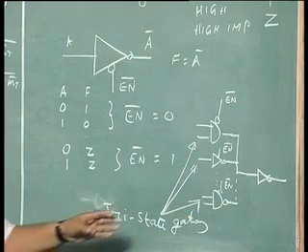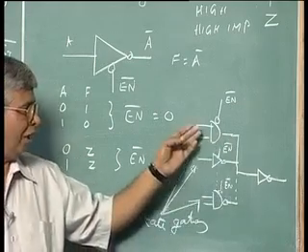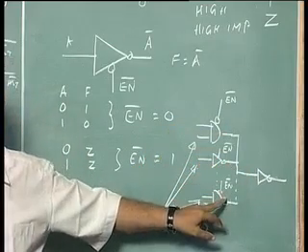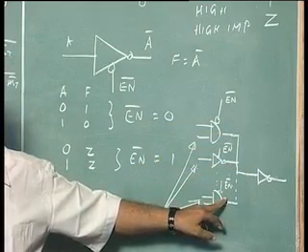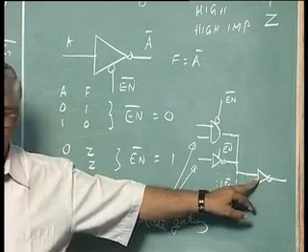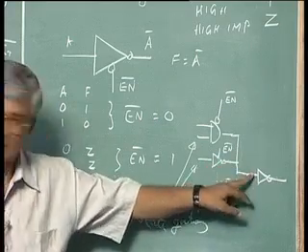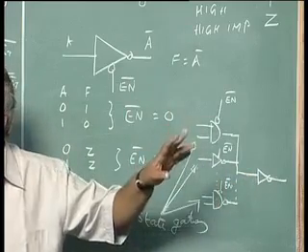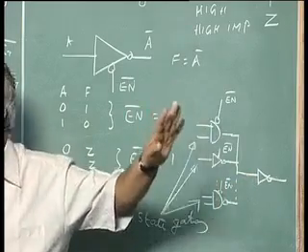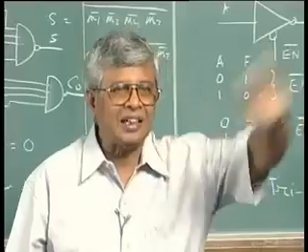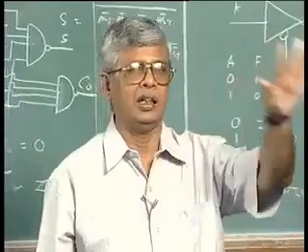So I will control the circuit such that when the output of this has to be the input of this, I will make sure these two outputs are high impedance, which have no effect practically on the operation of this circuit. When I want this output to be the input of this circuit, I will control these two outputs to be high impedance so that these two circuits will not have any effect on the output of that circuit, which means electrically you are disconnecting it, physically you are not.